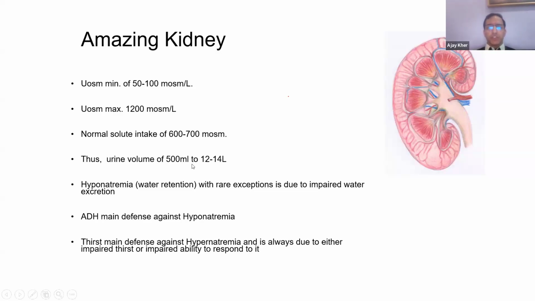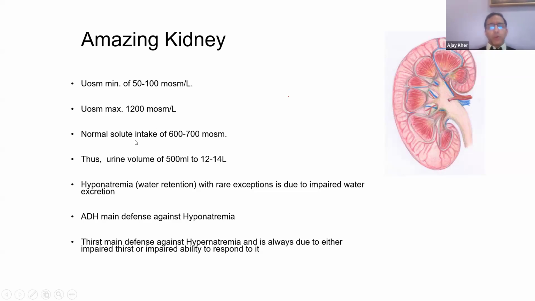For a normal solute intake of 600 to 700 osms, the urine volume at 1200 will go down to 500 ml, which is why the definition of oliguria in AKI is 500 ml. And if you get down to 50, you can go up all the way to 12 to 14 liters of urine output based on a normal solute intake as well.